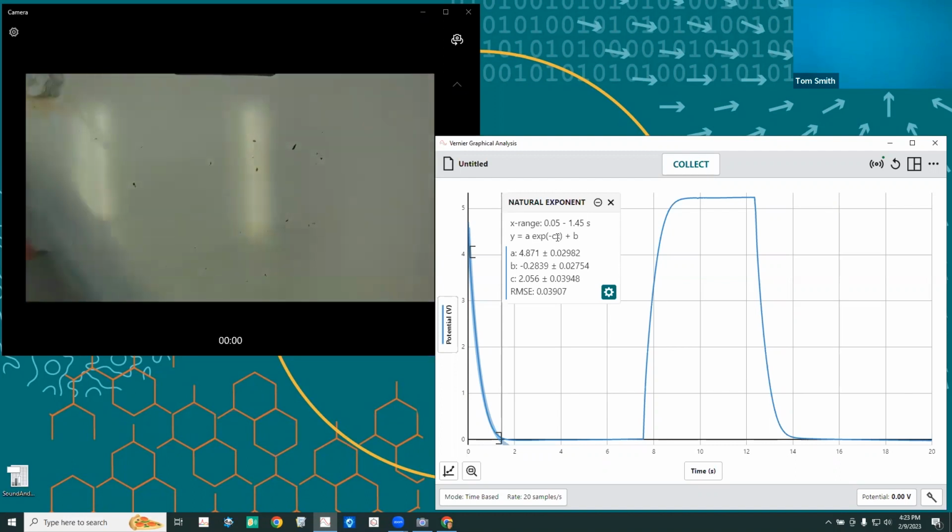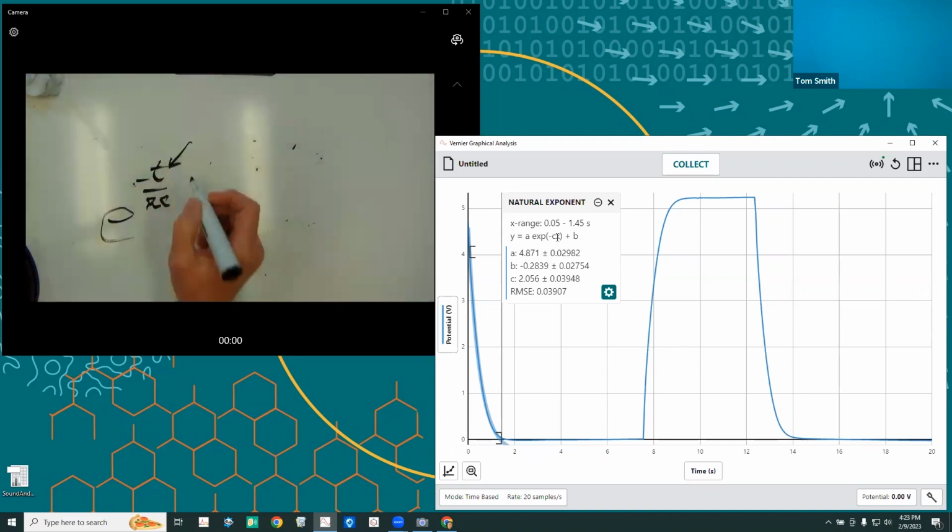If we look at that e to the negative t over RC, the t value is like the x in that equation, and this 1 over RC is the C value. So if you took that C value, which is something over 2 and some change, we would expect our time constant to be about a half a second. So that's 1 over RC.